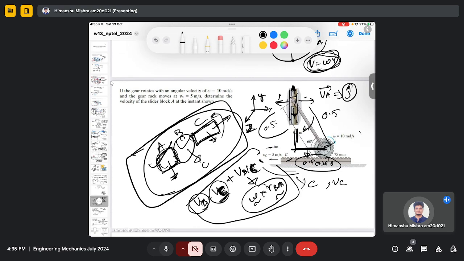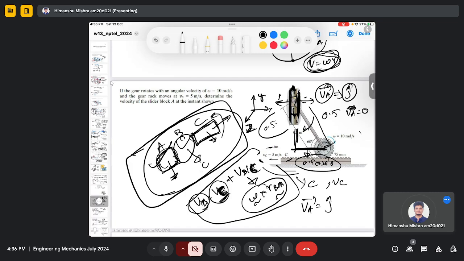So in the horizontal direction your velocity is 0. The only direction of this velocity vector is y, because in the x direction it cannot move, it's a constrained motion. It can only go upside and downside, not in the horizontal direction.